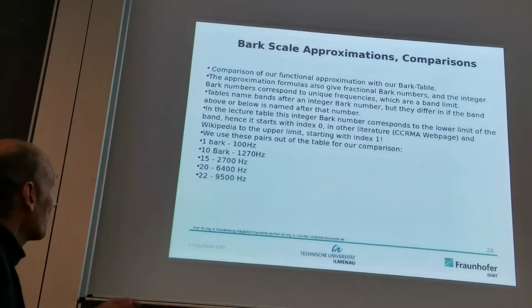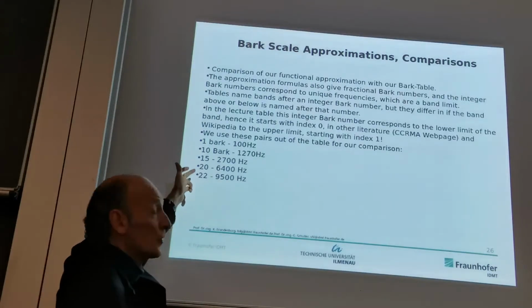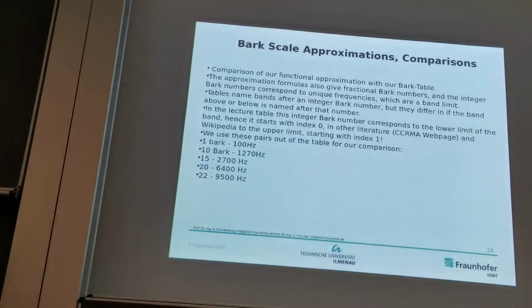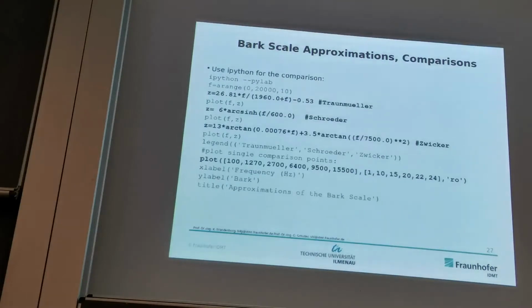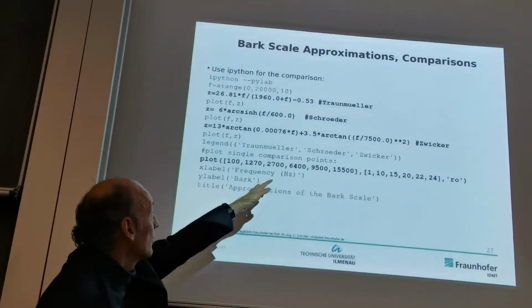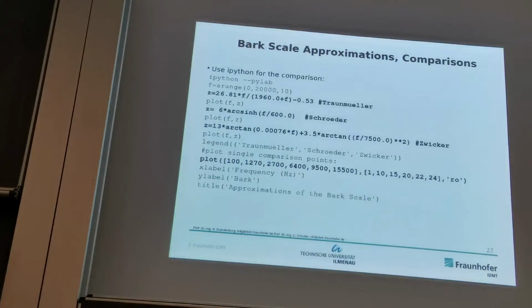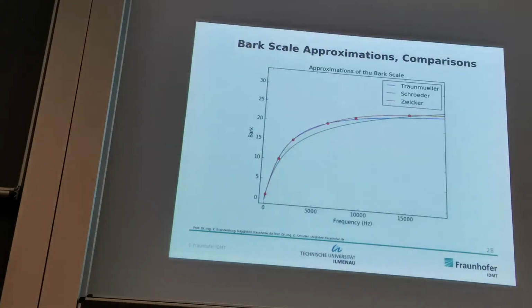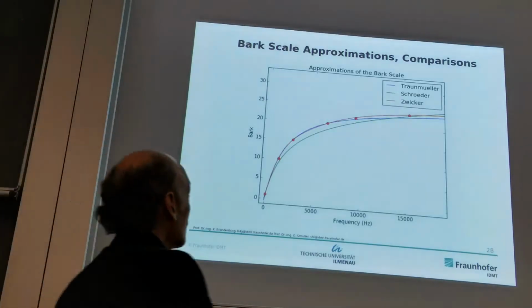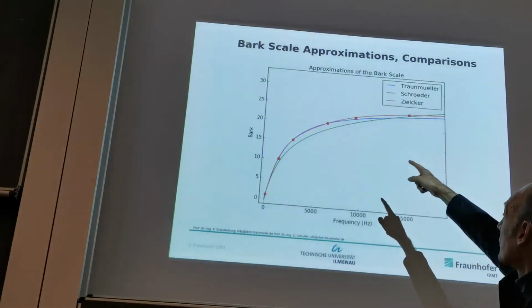And you can plot them and then compare them with our Bark table, at a few points, which are plotted here. And then plot those different approximations, here going to the Bark scale, and compare them with our points from the Bark table. And this is what we get. So we see the original Zwicker one is the red one.